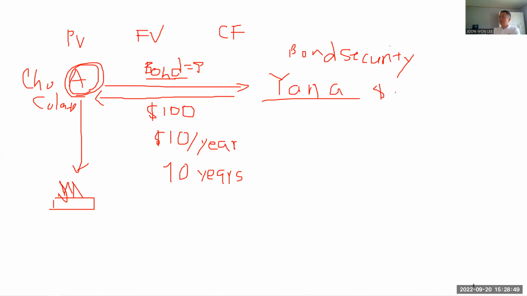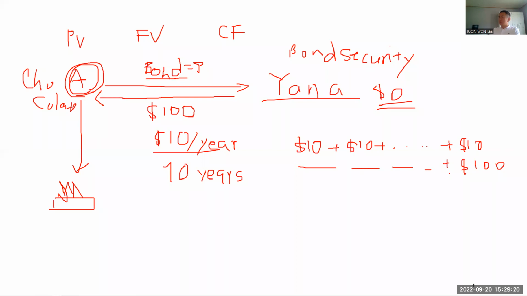But one year later, she's going to have $10, right? Second year, another $10. Keep going. In 10 years, she's going to have $10 plus $100 back, right? So this is the cash flow.